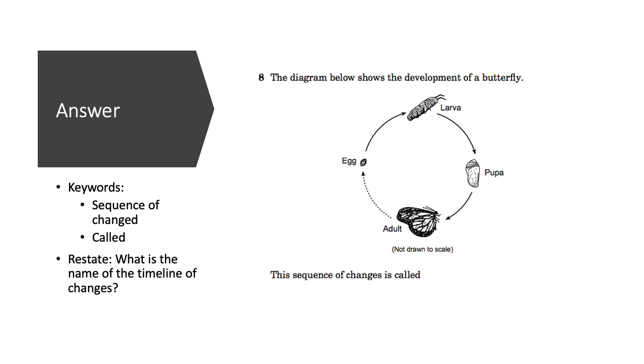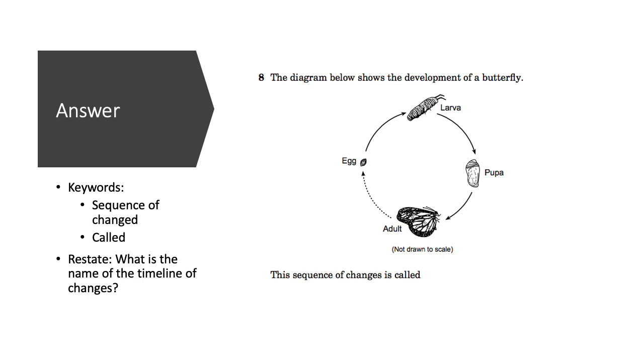The keywords for the prompt, the diagram below shows the development of a butterfly. The sequence of changes is called. The keywords are sequence, change, called. The restate that I came up with was, what is the name of the timeline of changes? I replaced both sequence and called.